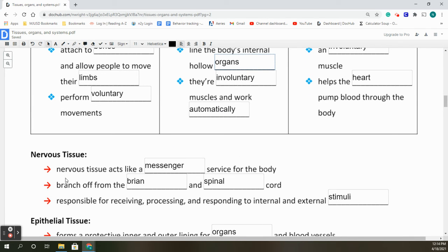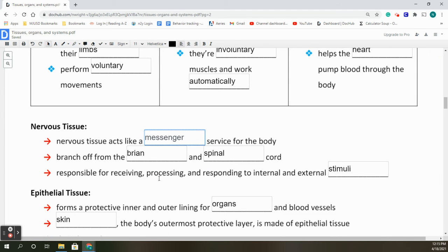Nervous tissue. Nervous tissue acts like a messenger service for the body. It branches off from the brain and spinal cord. It is responsible for receiving, processing, and responding to internal and external stimuli.